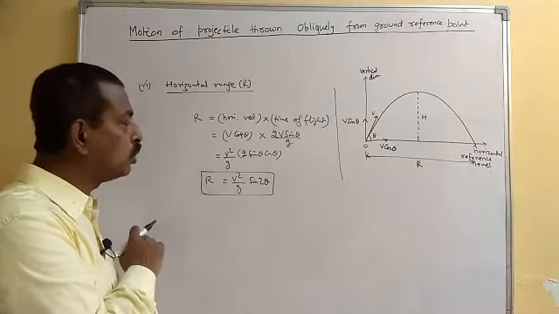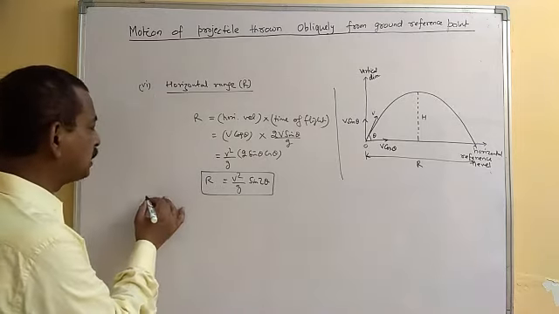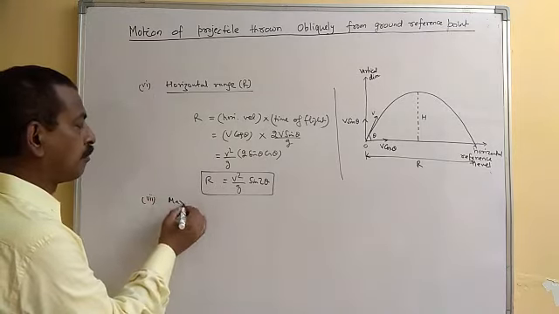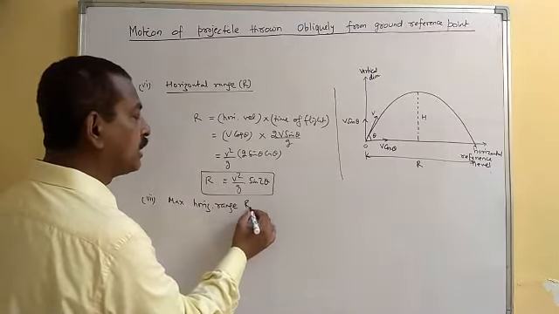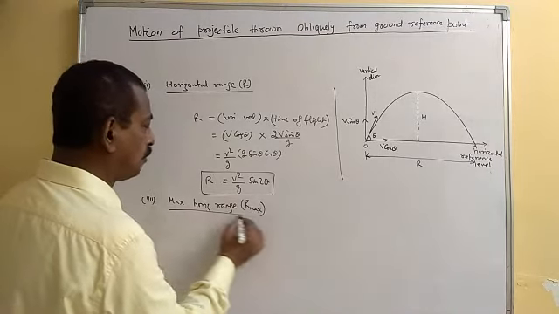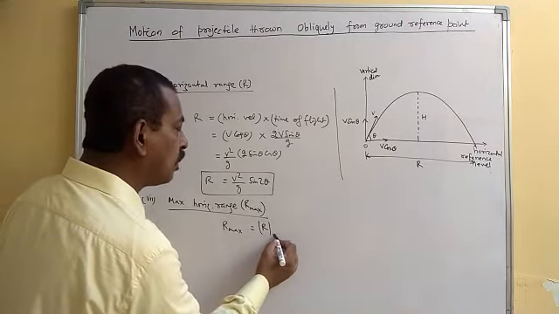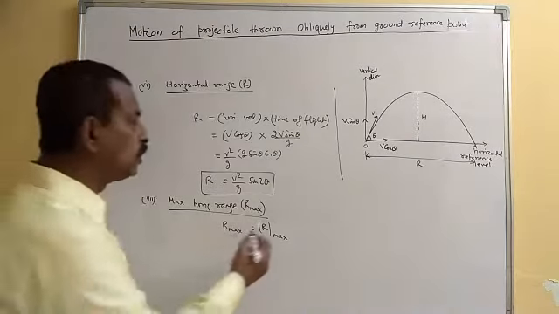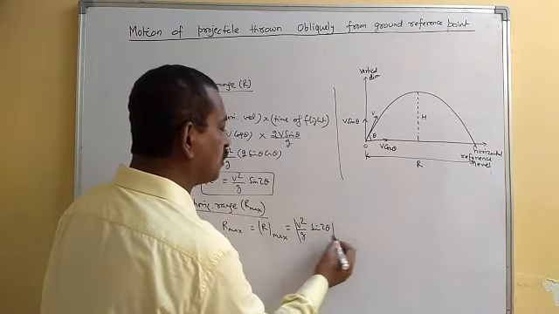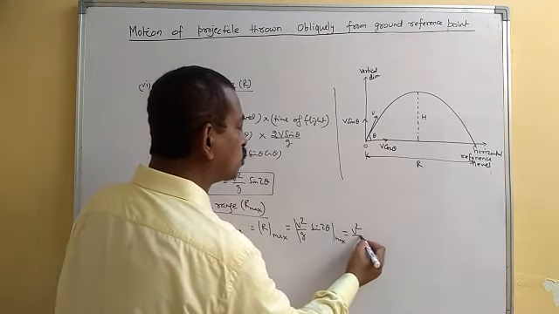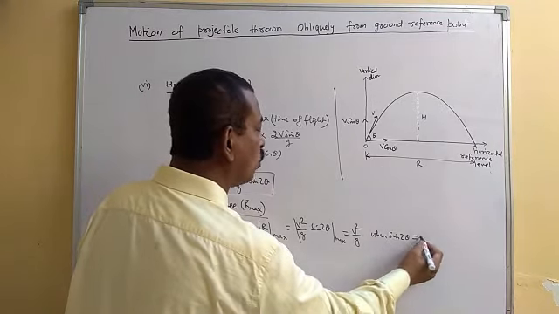Again, here also we can try to find out what can be the maximum horizontal range. So for maximum horizontal range, that we represent as R max. So this R max is basically the maximum value of R. So this will be equal to v square by g times sin 2 theta's maximum value, which is v square by g when sin 2 theta is 1.